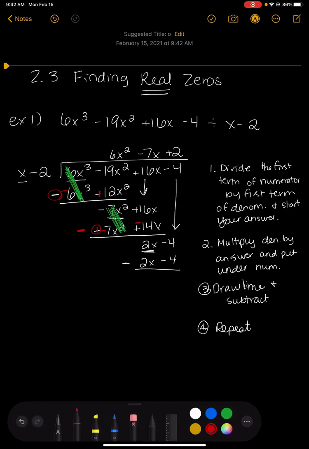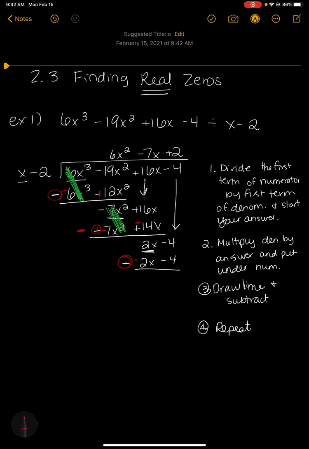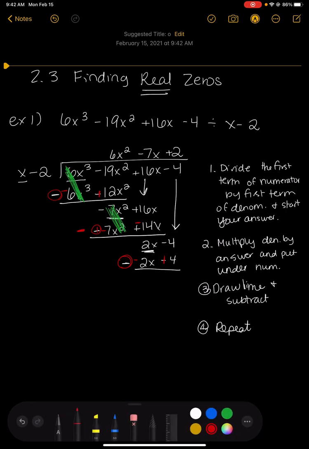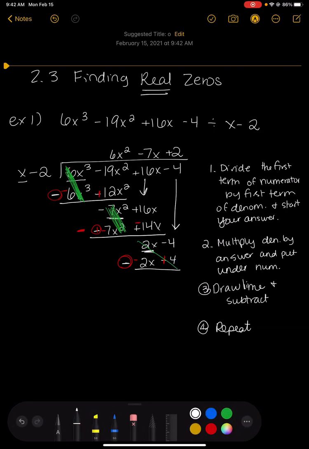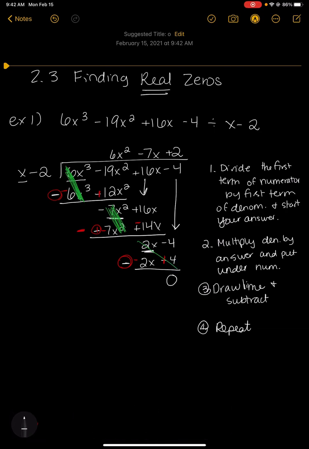When we subtract opposite signs, everything cancels out. And so we know that my final answer is 6x squared minus 7x plus 2. So if you had a number here, that would be the remainder.